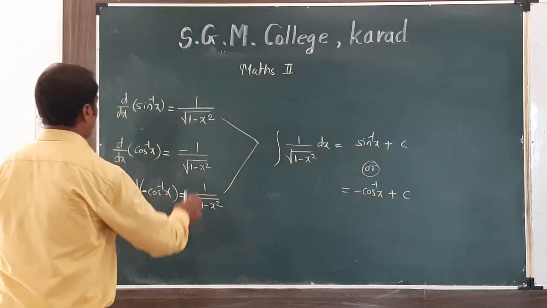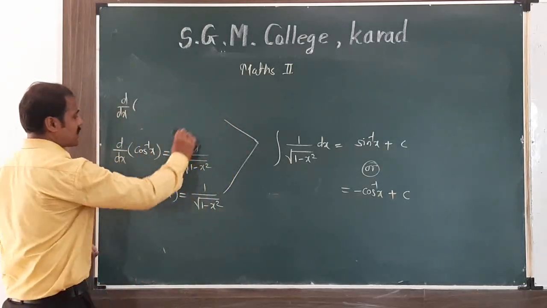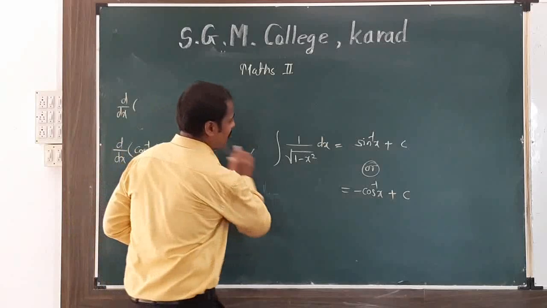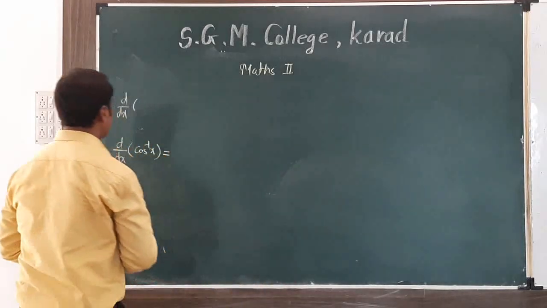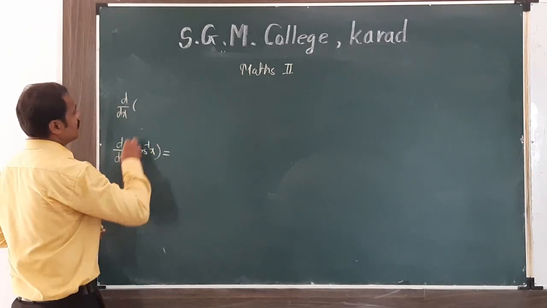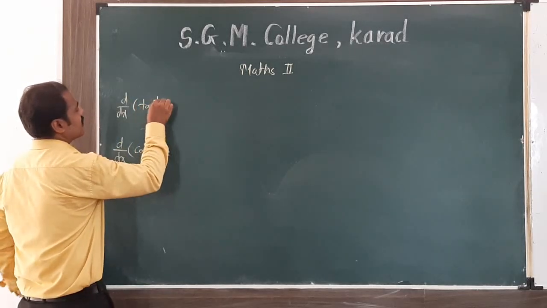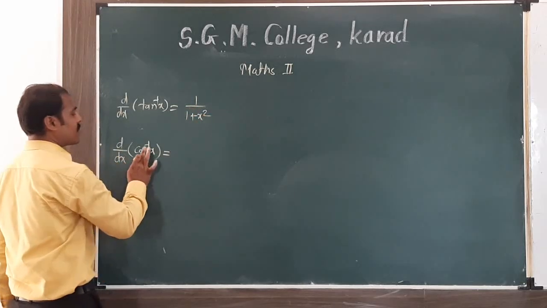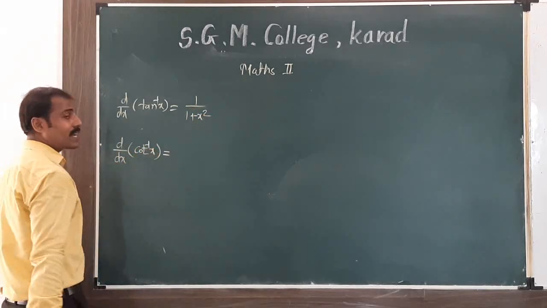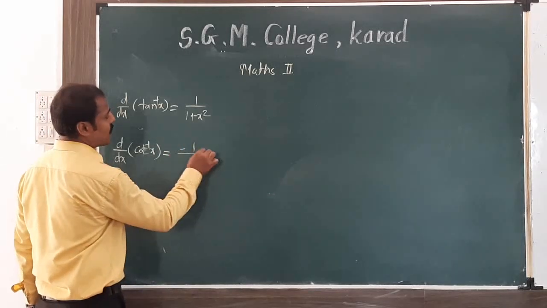Again, we know the formulas for derivative of tan inverse x. Derivative of tan inverse x is what? 1 upon 1 plus x square. Also the similar formula for derivative of cot inverse x is minus 1 upon 1 plus x square.